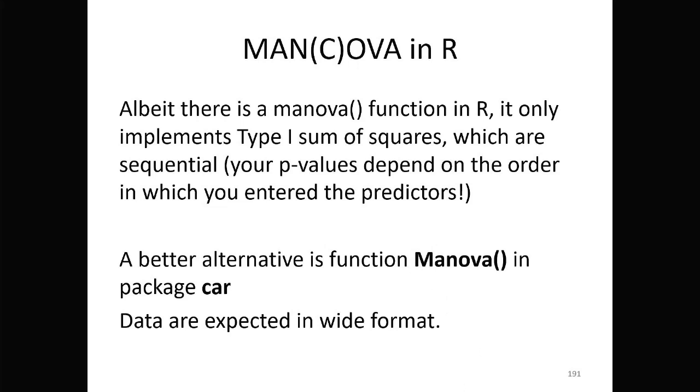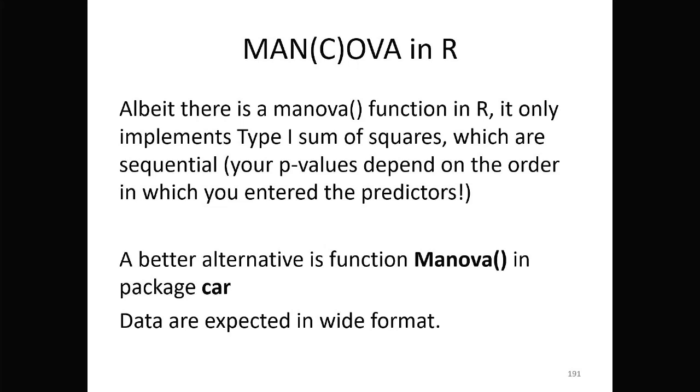It's annoying, but at some point they decided that in R you only have type 1 sum of squares by default.